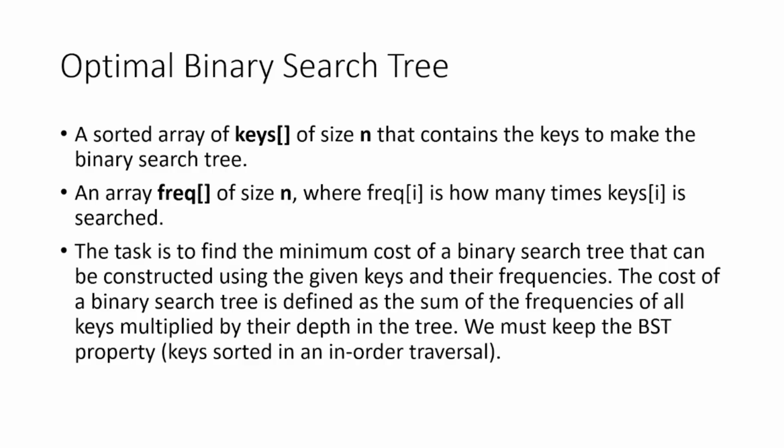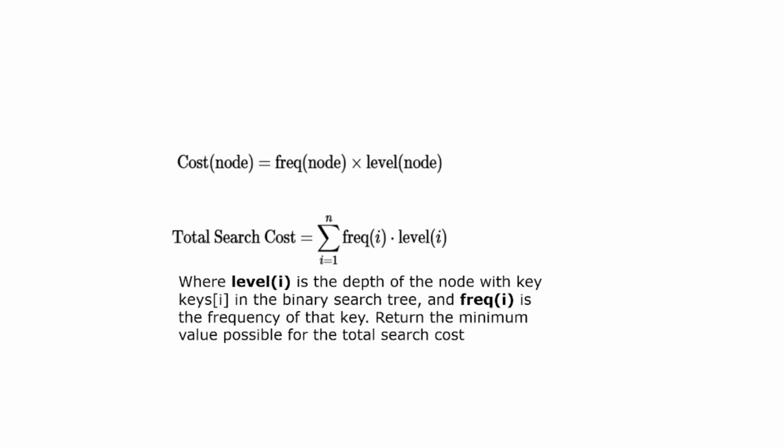The cost is defined as the sum of the frequency of all the keys multiplied by the depth. Here we keep the binary search tree property. This is the formula for the optimal binary search tree: the cost of a node is equal to the frequency of the node times its level.